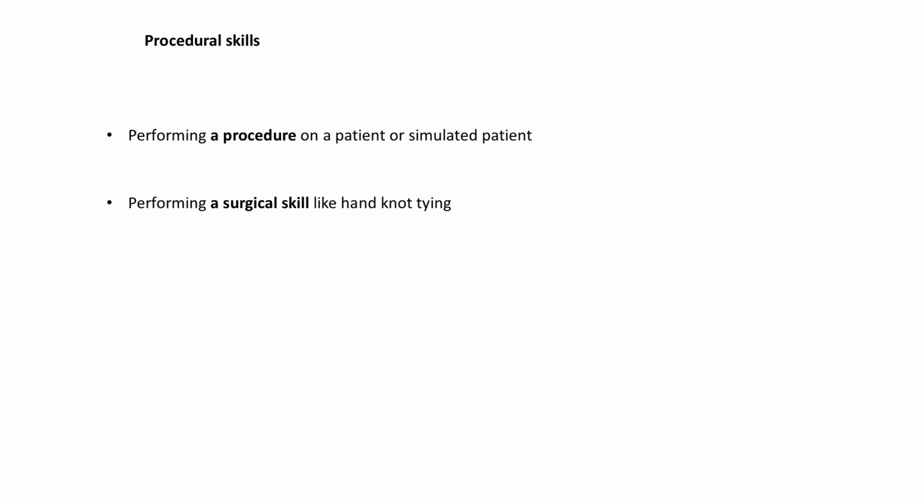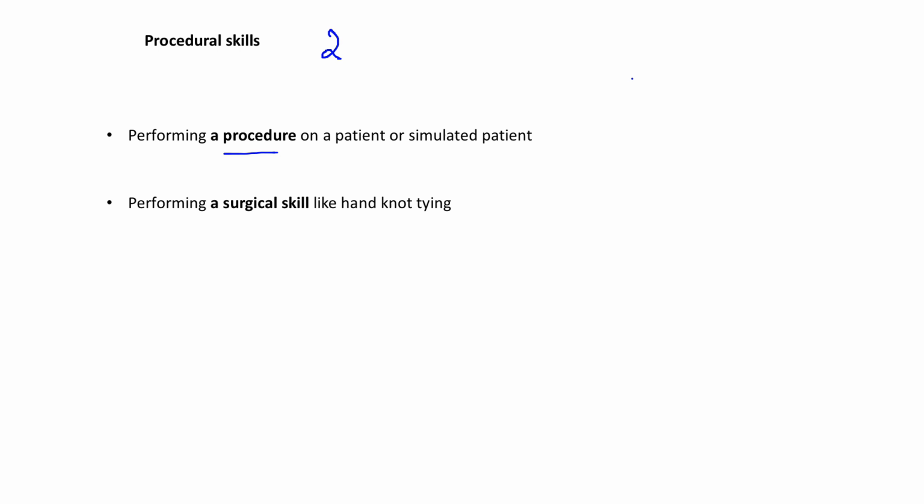So procedural skill stations, these are 2 stations. In one station, you perform a procedure like you may need to do a chest tube, or suturing of skin lesions. They're not very complicated procedures like doing an operation, but these are the procedures that are assessed.